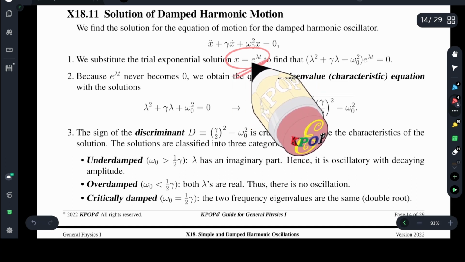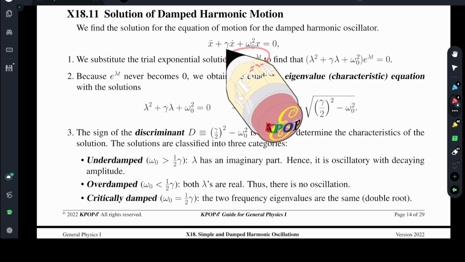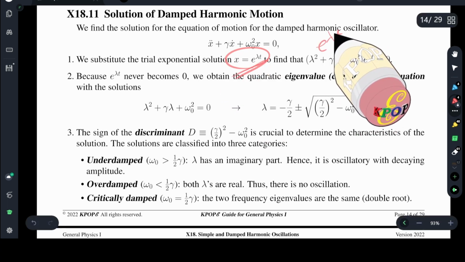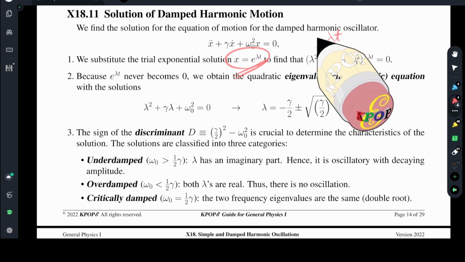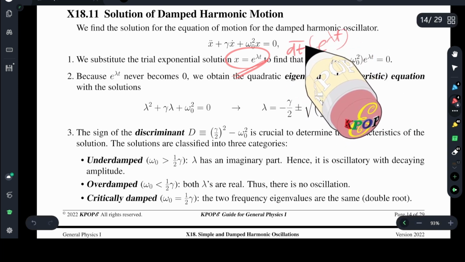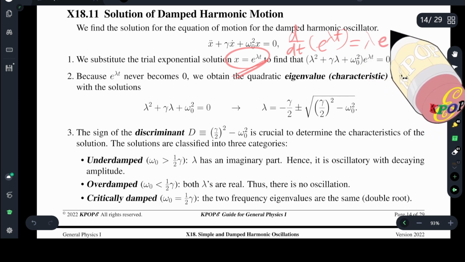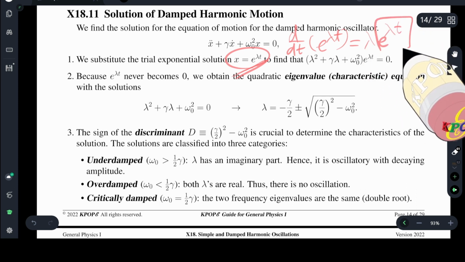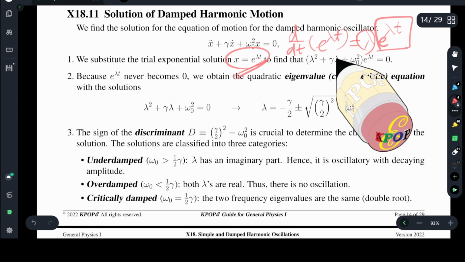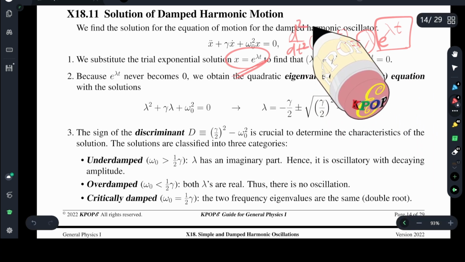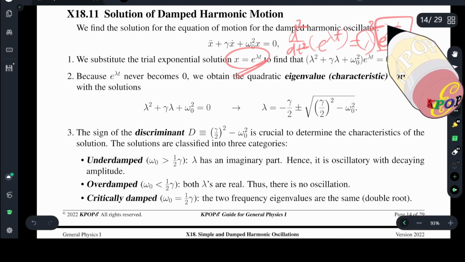So substitute this in here, where lambda may be a complex number. If you take the derivative, the exponential function brings in an additional factor, but the original shape is the same except for the additional factor. If you apply the derivative twice, then you have lambda squared.